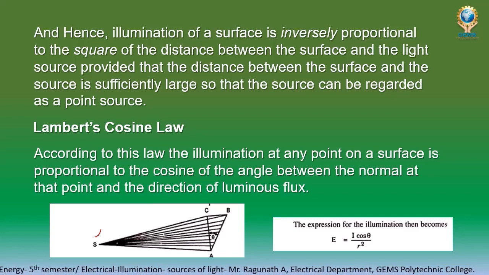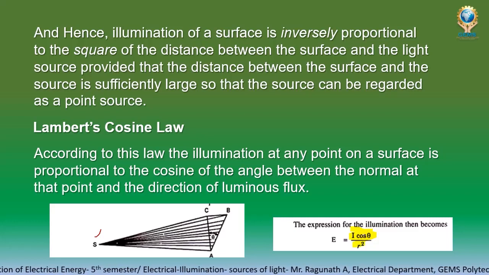So when the angle is less, how much less, based upon that the cosine value will be increased. So based upon the cosine value, illumination will also increase. Here in this formula, we merge both.